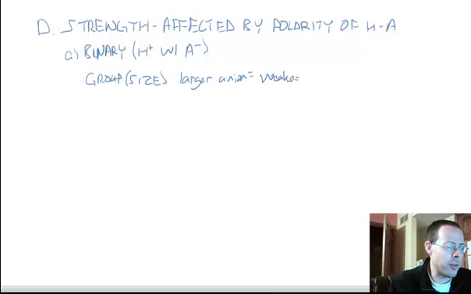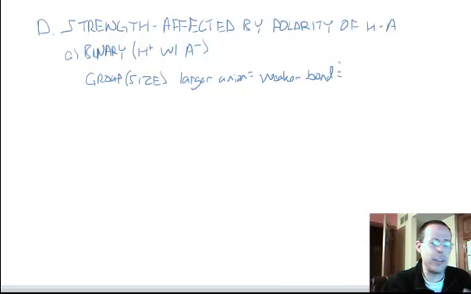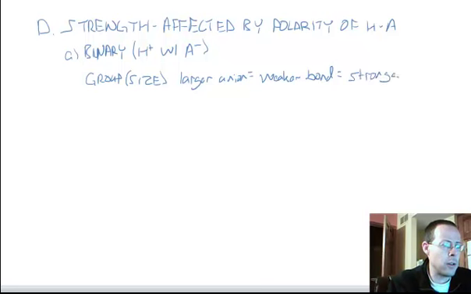Because our proton's a little bit further from our electrons, they're not as strongly attracted. So larger anions have weaker bonds. And if we have weaker bonds, it means they're actually easier to break apart. So we have stronger acids. All right, because strong acids completely dissociate. So we want our bond to be weak so it can break apart.